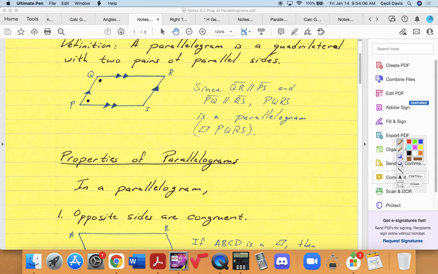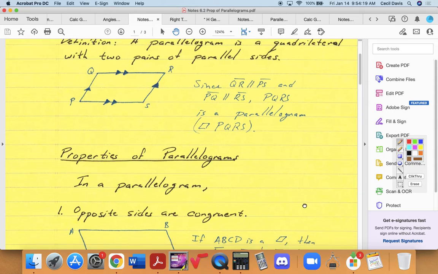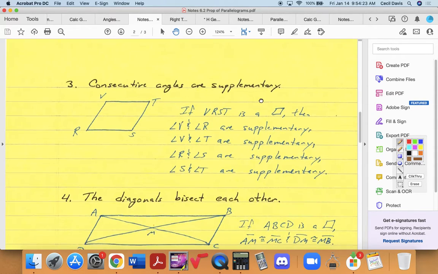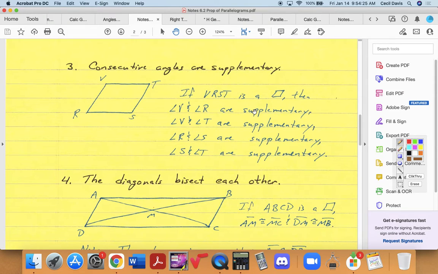Nope, they're not a linear pair. They're supplementary. They do add up to 180, but they're not a linear pair. So that is our next property. If you'll turn the page. The consecutive angles are supplementary. And that's just because they're same-side interior angles.